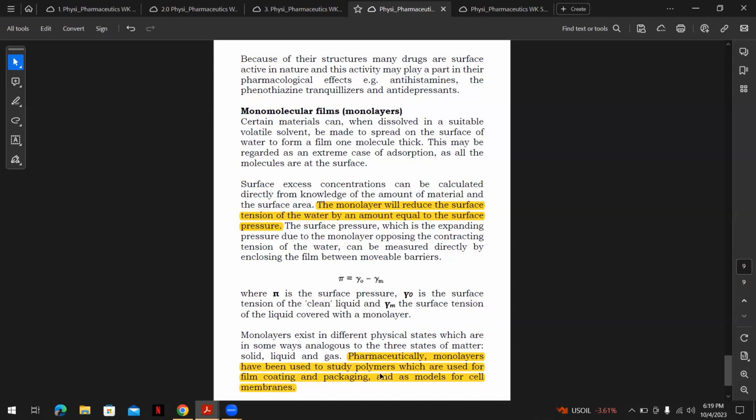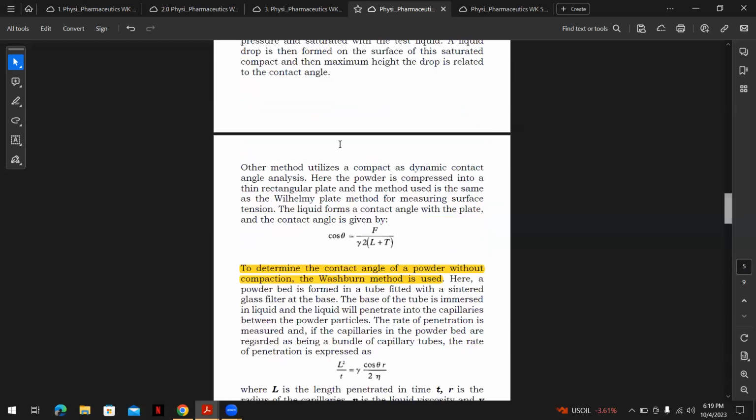It's important to have this in your film coating and packaging of tablets, because we know it reduces the surface tension of water, so it will allow water to penetrate the tablet, and the subsequent processes that we want to occur to that tablet will definitely happen.